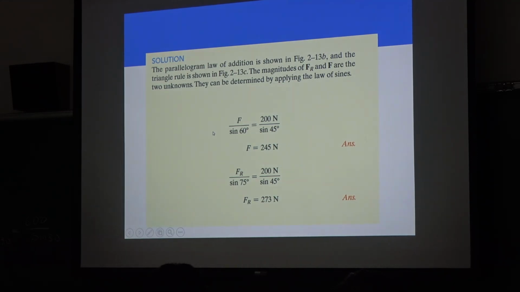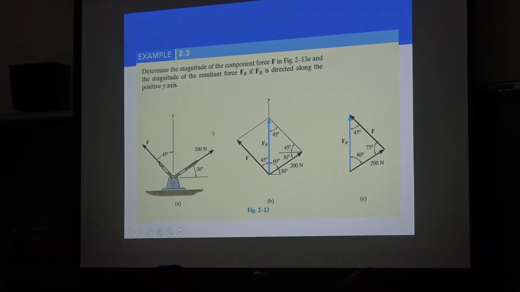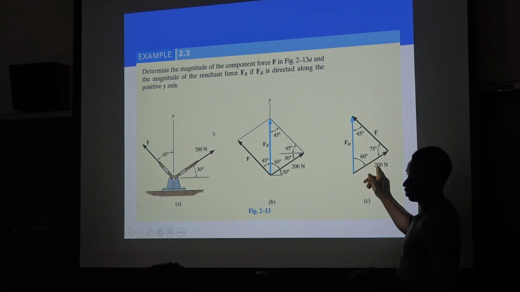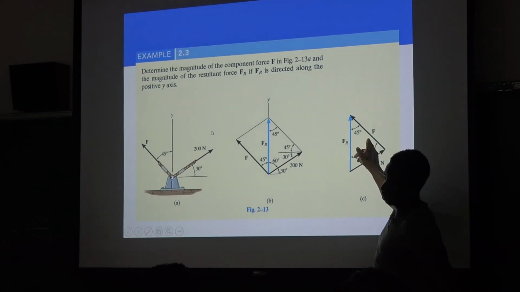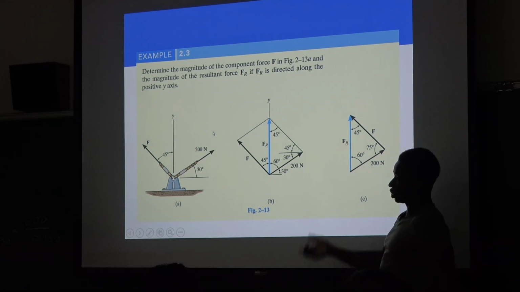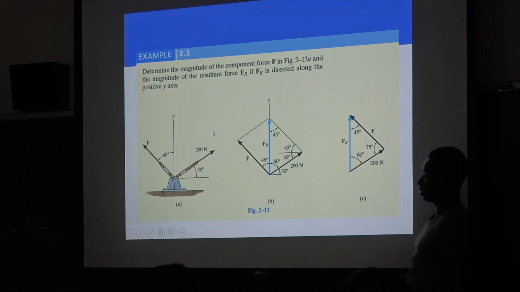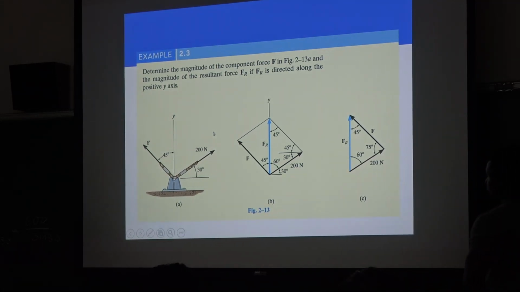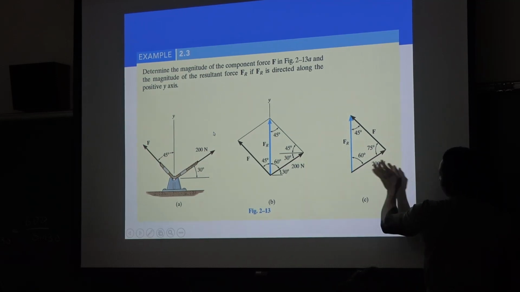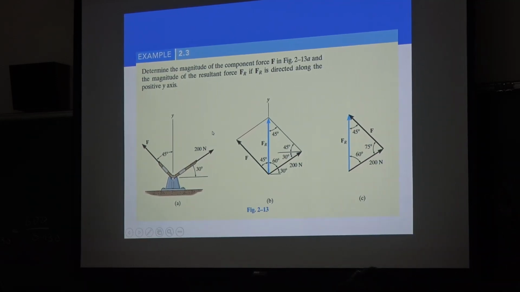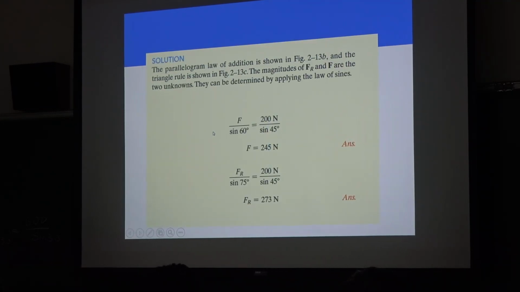We first have to use the sine rule, because the reason why we cannot directly use the cosine rule here is that we know the value for this, but the value for this is not given. So if you want to use the cosine rule to find this is still missing. So it cannot yield any result. But for the sine rule, what we need is this over this should be equal to this over this should be equal to that over that. So we can still use the sine rule to find the magnitude for each of their forces, okay?